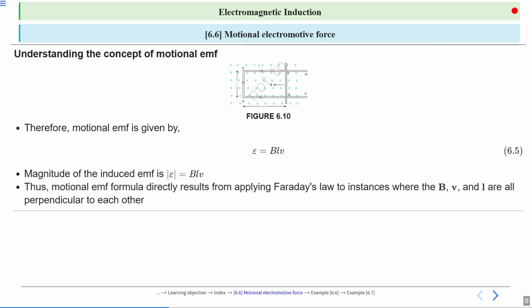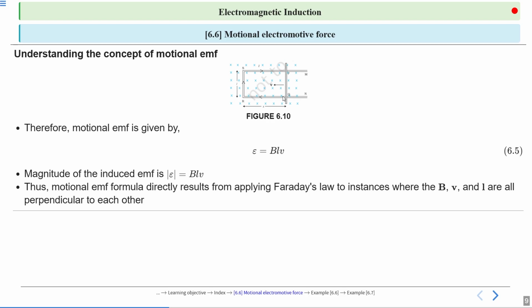Does the motional EMF formula directly result from applying Faraday's law to instances where B, V and L are all perpendicular to each other? In this case, the velocity, the magnetic field and the length vector, that is length PQ, is along this.